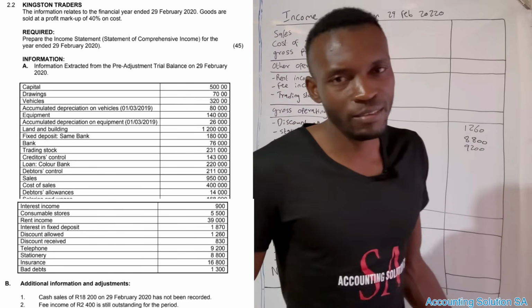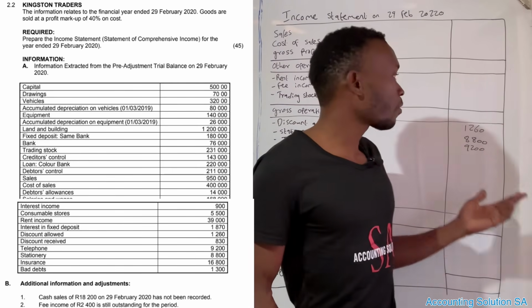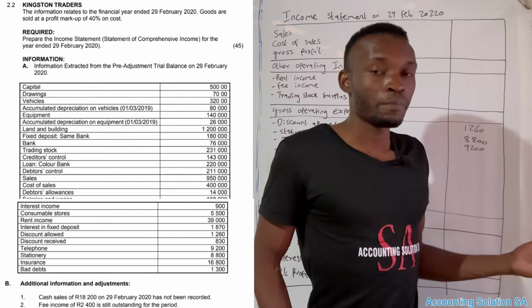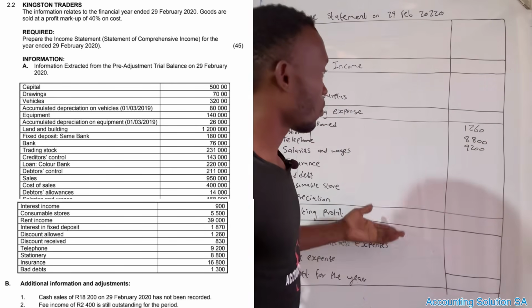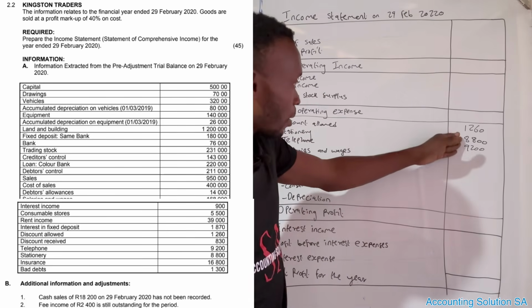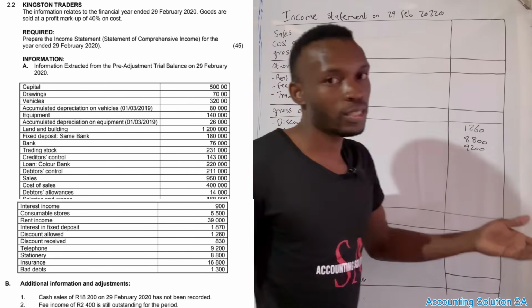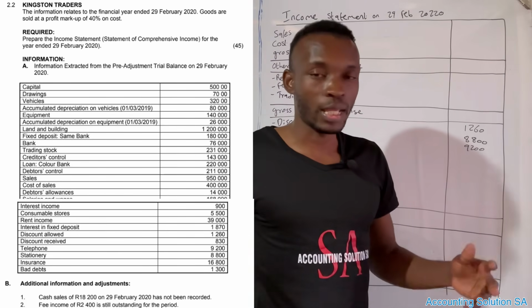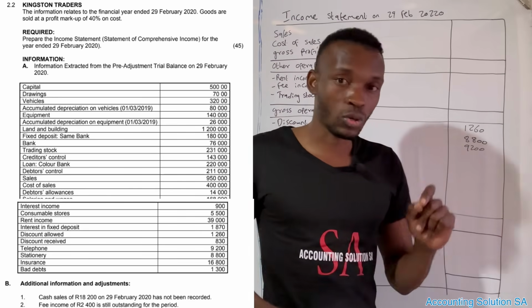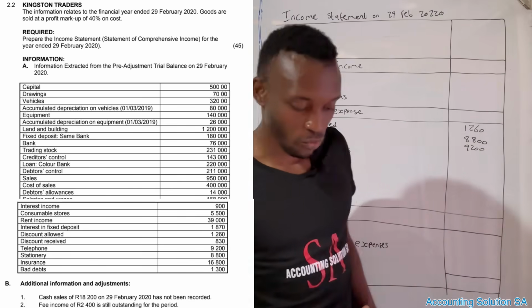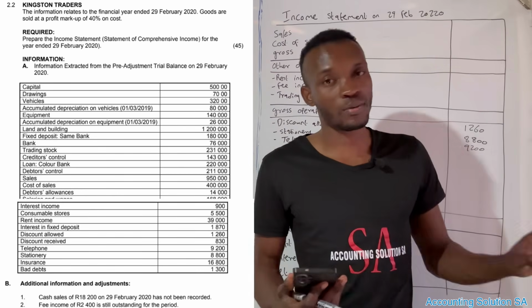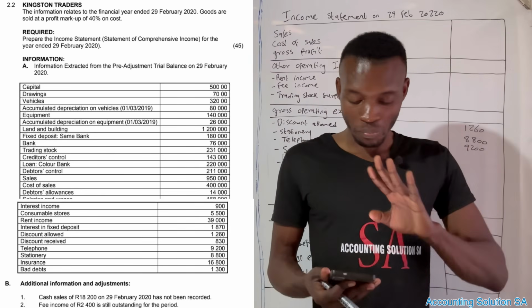You're not going to find it laid out like this on the question paper. Only these amounts and names you will find on the answer sheet. The rest you write on your own. So please know the format so that it's easy for you. So let's start.